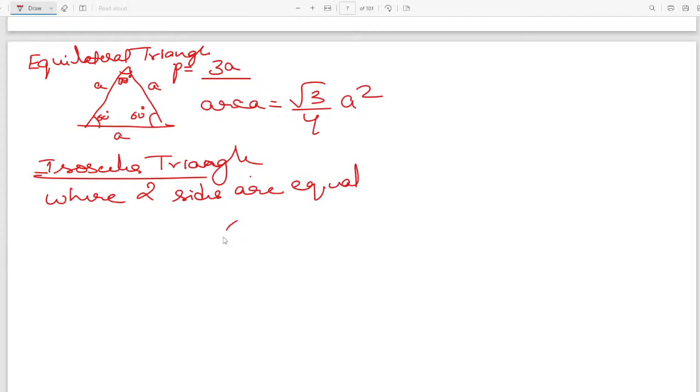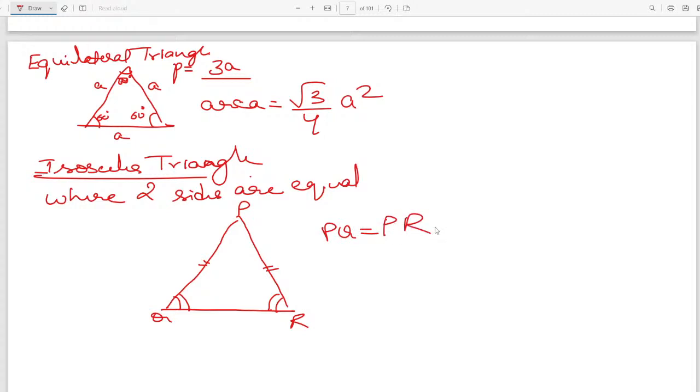If this is an isosceles triangle PQR, this side and this side would be the same, and this angle and this angle would be equal. PQ would be equal to PR, and if this is angle A and this is angle B, angle A is equal to angle B.